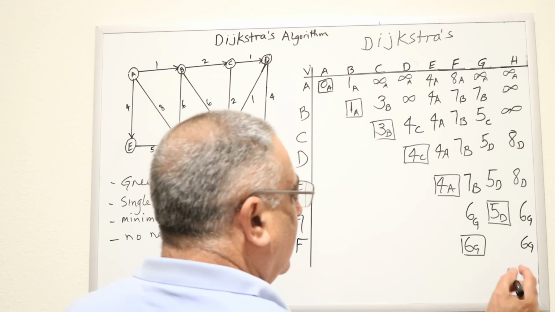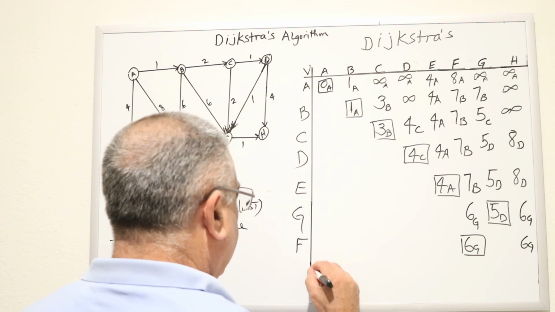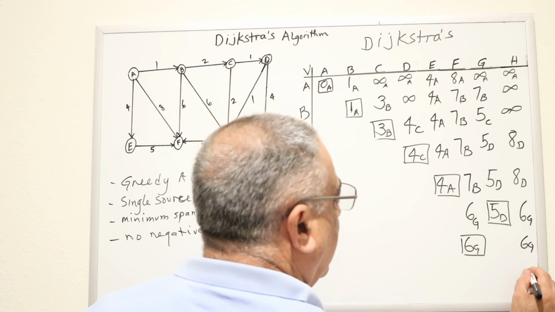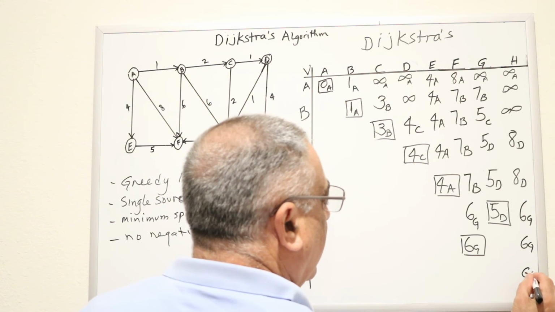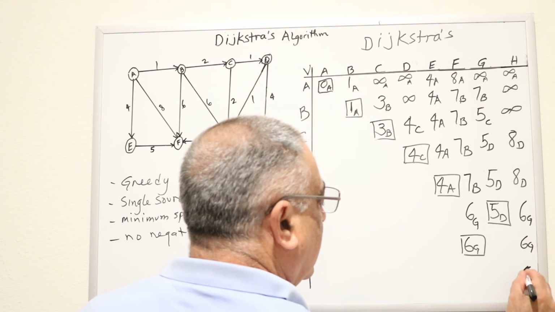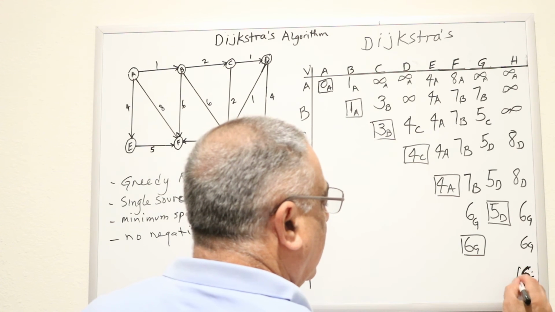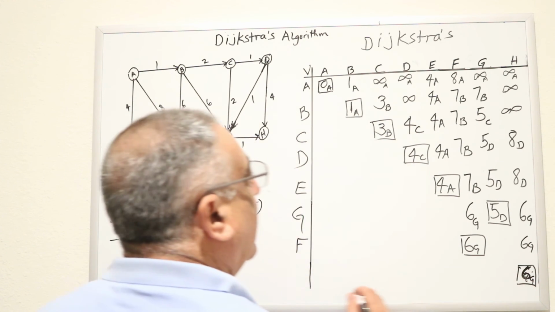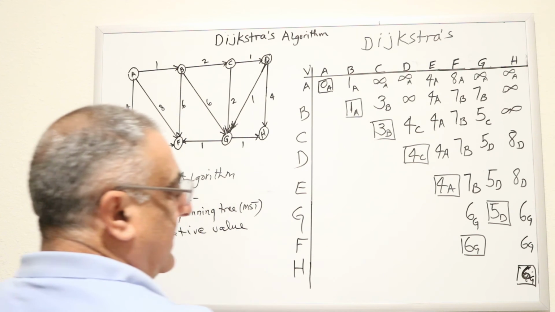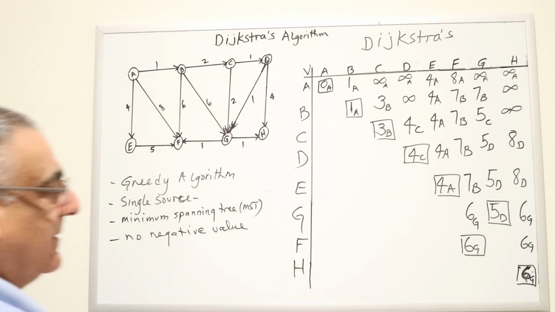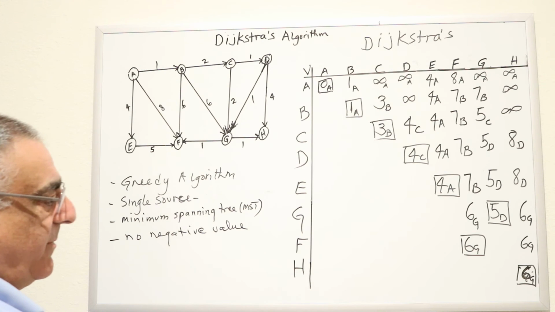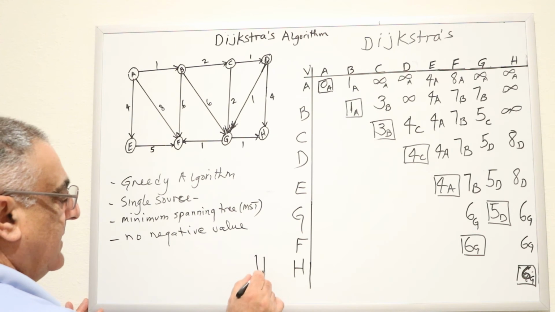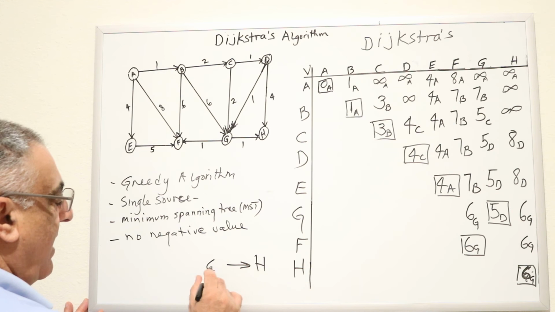Alright, so now I'm basically done. So I'm going to go down here and bring my 6G, and then if I box this, this is H. That's it, I'm done. How do you compute the distance? We usually go backwards. So how did I get to H from G?